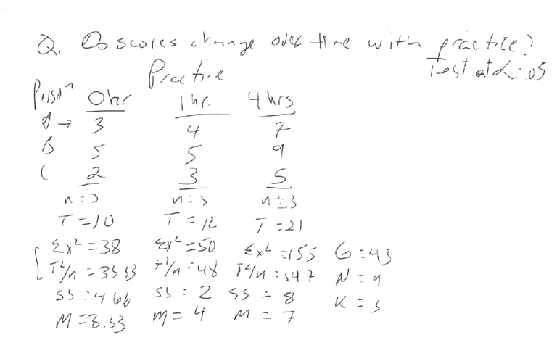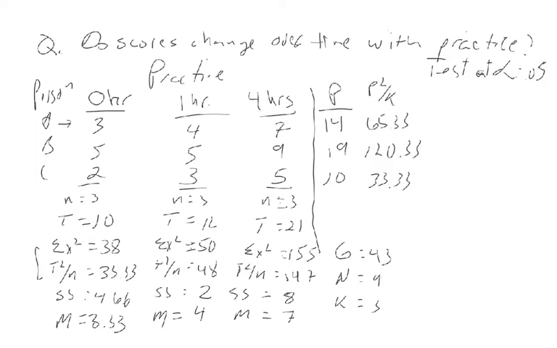So we're going to add one more column here, and I'm going to put a line so I don't think that it's another condition. And it's going to be P, and it's summing across for each of the participants. So I've added the P column, which is just summing across for the participants. So 3 plus 4 plus 7 is 14.